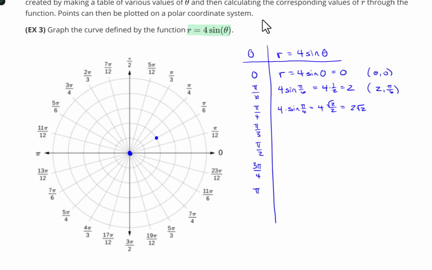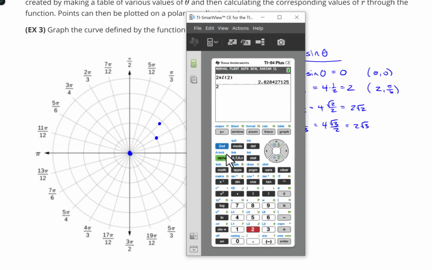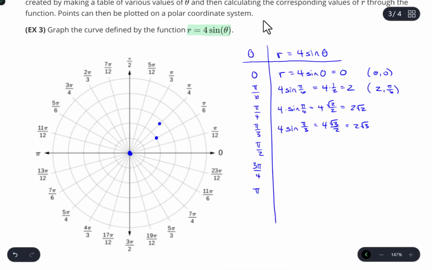So we'll go with an angle measure of pi over 4 and then almost out to a radius of 3. All right, next we have 4 sine pi over 3. So that's going to be 4 root 3 over 2, which is 2 root 3. And again, another one I need to estimate. So 2 root 3 is 3.46. So on the pi over 3 line, I go about halfway past that point, between 3 and 4.